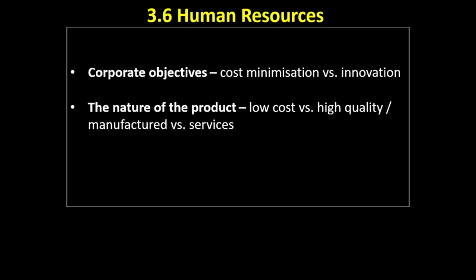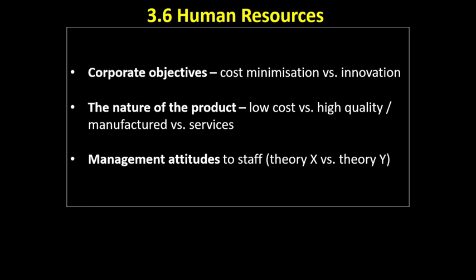Perhaps in that situation we'd use a different approach, a flatter hierarchy where we give workers responsibility and we trust them to get on with things. Manufactured goods versus services may require different types of structure.